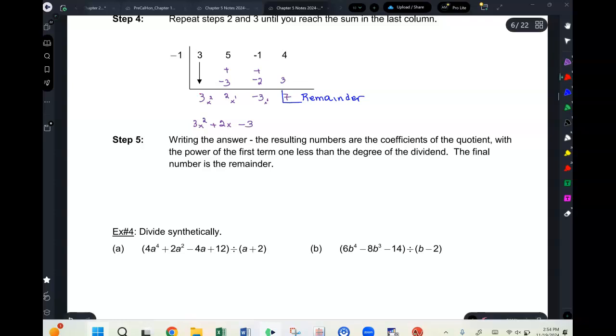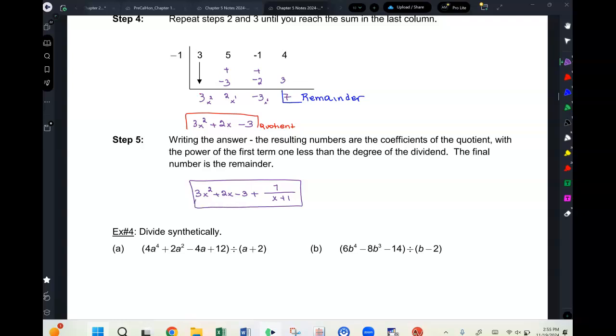This is my quotient. Okay, so now let's write the answer. So the answer is 3x squared plus 2x minus 3 plus 7 over x plus 1.